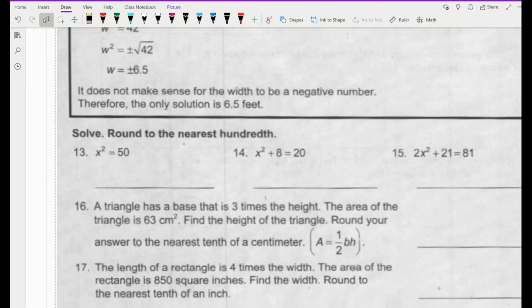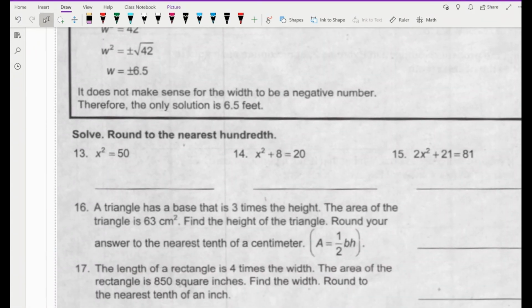So for number 13, now this will be a calculator section. So x squared is equal to 50. We take the square root of both sides, and we'll get x is equal to plus or minus the square root of 50. And we can just enter this value into a calculator. It says round to the nearest hundredth, which is 2 decimal places.